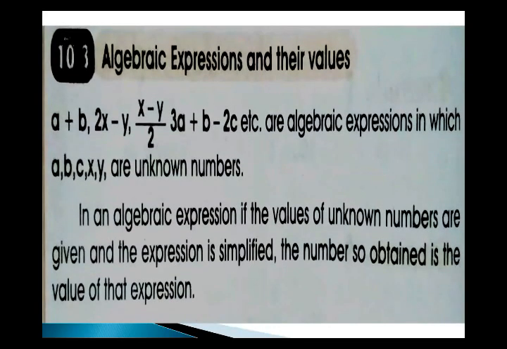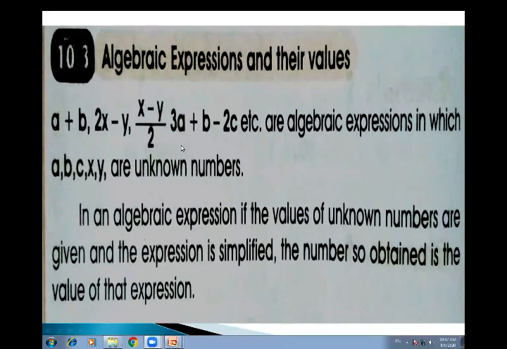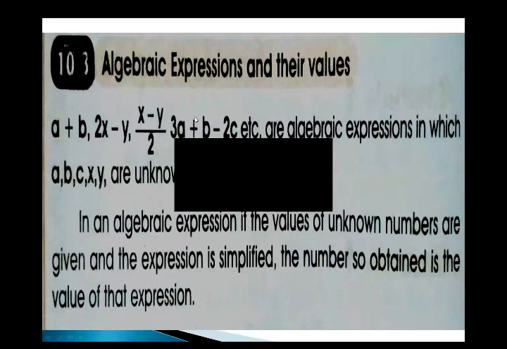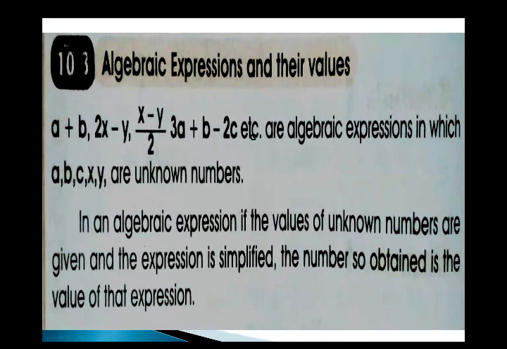Firstly, we explain what an algebraic expression is and how we can find the values of these algebraic expressions. If a number is written in the form of an alphabet, so here you see a plus b, or 2x minus y, x minus y divided by 2, 3a plus b minus 2c etc. are algebraic expressions in which a, b, x, y are unknowns.